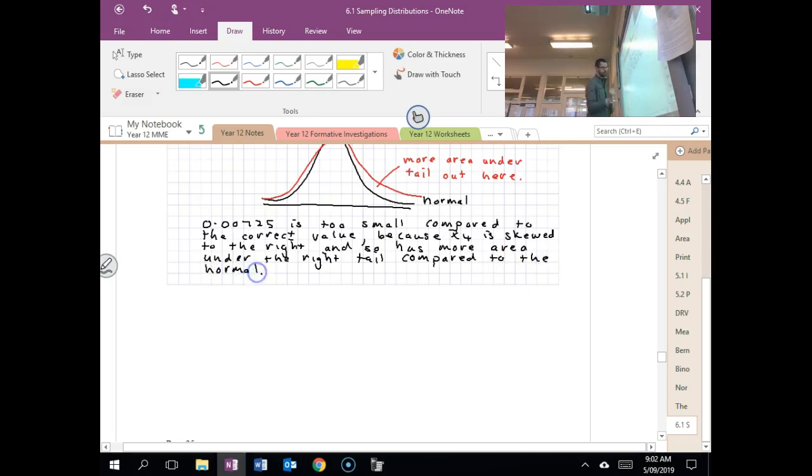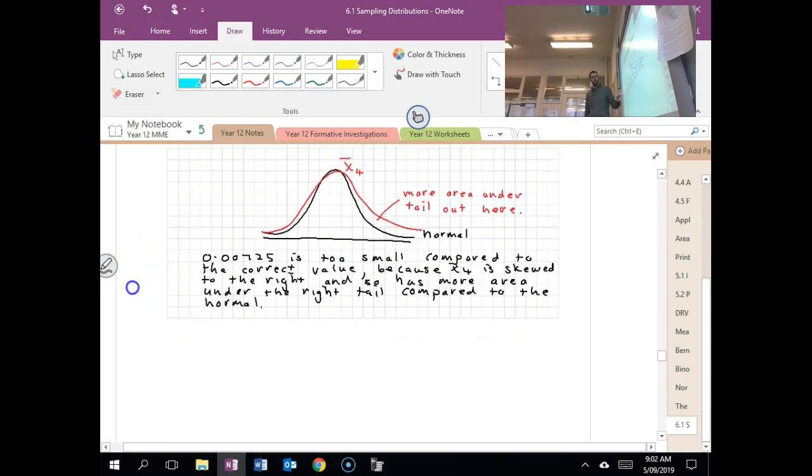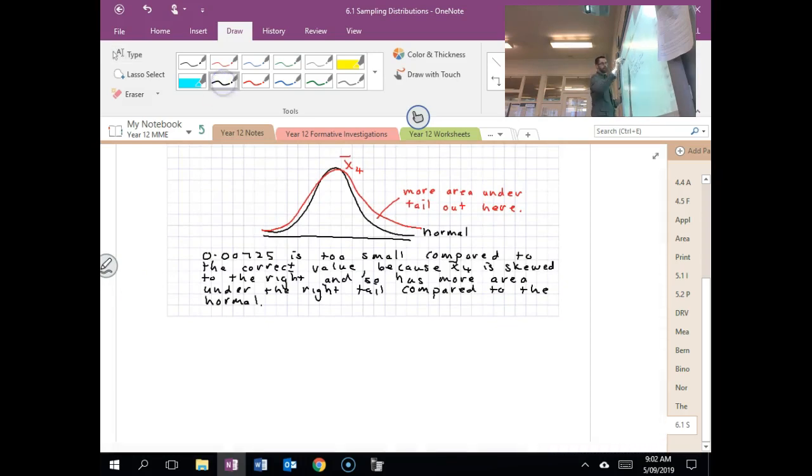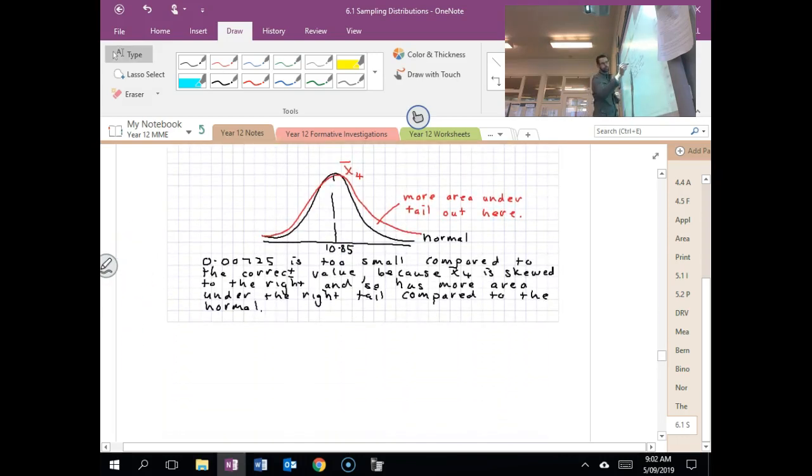Now, in considering this, we should also just consider the value, like why am I talking about the right tail? Well, here, this mean is about 10.85, which then means that 12.5, which is the value we're considering, is going to very approximately be about there. So that's 12.5 there. Then under the x bar 4 distribution, I've got all this extra area compared to the normal distribution.